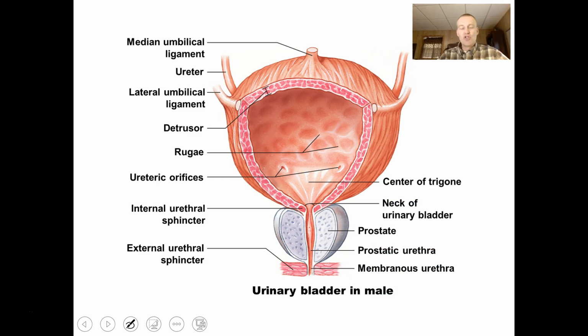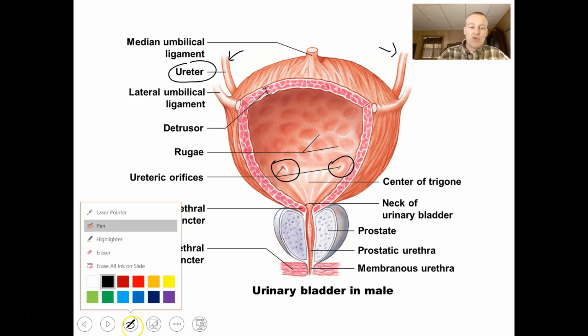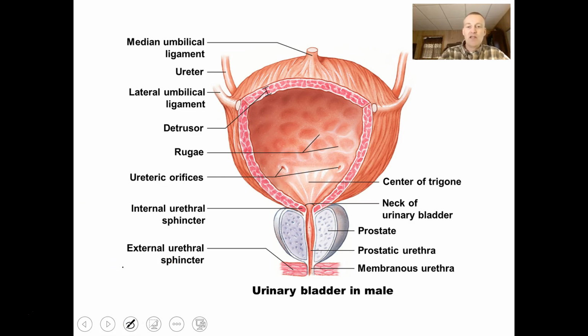So just showing you the urinary bladder. Here are the ureters. So there's one from the right kidney and one from the left kidney. Here's the orifices where they drop urine into the urinary bladder. Inside the urinary bladder, it does have a kind of a surface feature that's almost similar to the stomach. It has rugae, which is folds, and then of course it smooths out as the urine collects inside the urinary bladder.